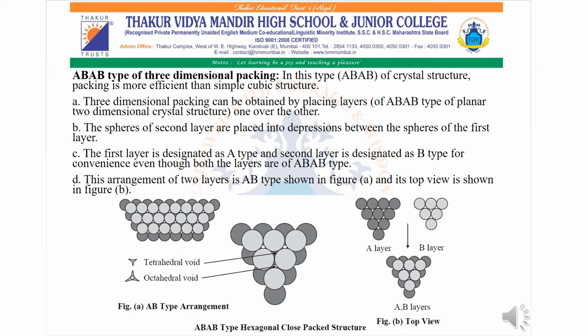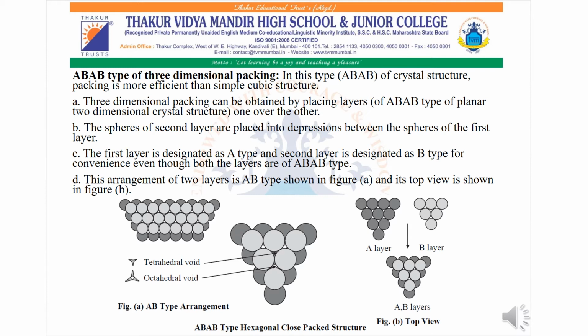Thus, when 3 spheres of the second layer cover the triangular open space of the first layer, the remaining half the number of triangular open spaces of the first layer are covered. So thus formation of a tetrahedral void involves 4 spheres and formation of octahedral void involves 6 spheres.